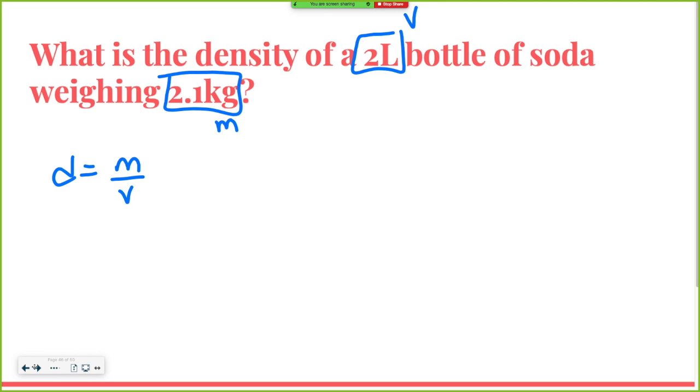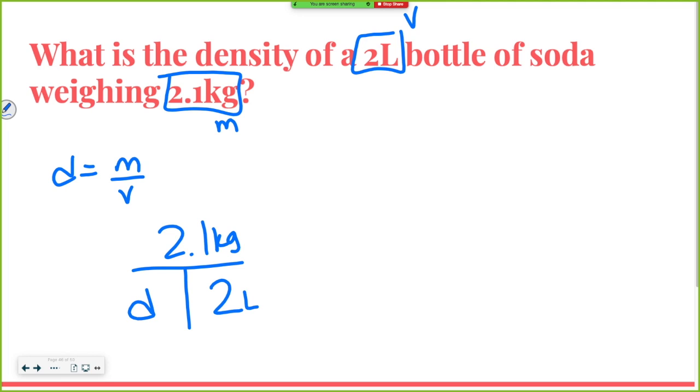So, density equals mass over volume. Our mass is 2.1 kilograms. And then our volume is 2 liters. And that's going to give me density. If we divide that, what do we get? 1.05.